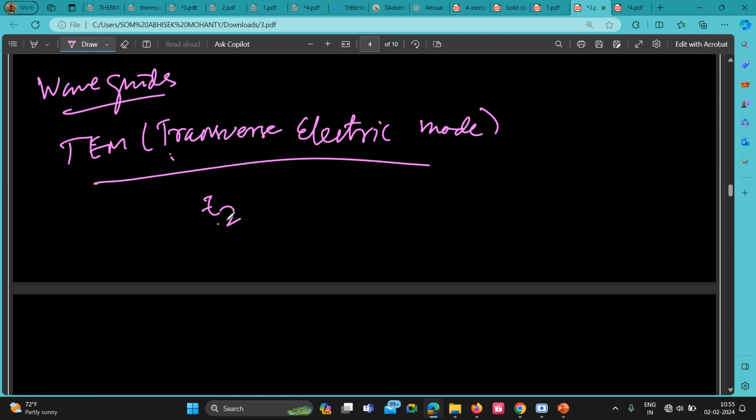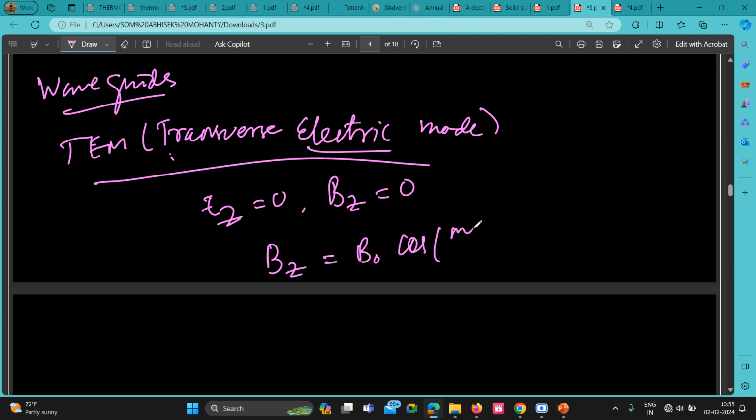Condition is Ez is 0. When electric mode is there, Ez is 0, Bz not 0. Just remember that. So Bz is what then? Bz is B naught cos m pi x by a into cos n pi y by b. Just remember this.